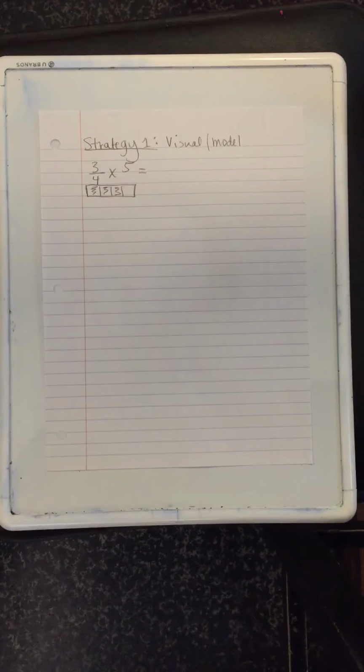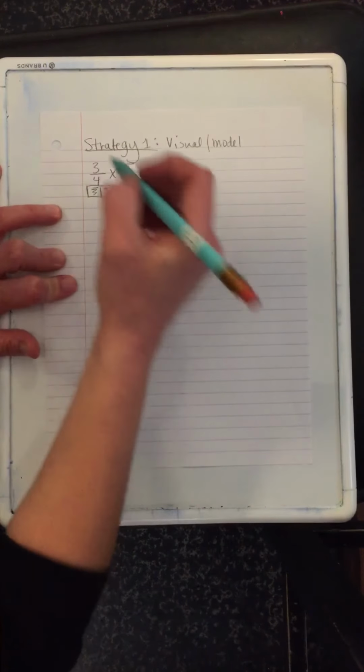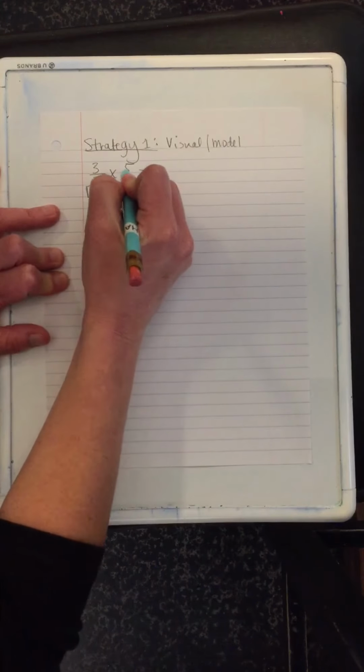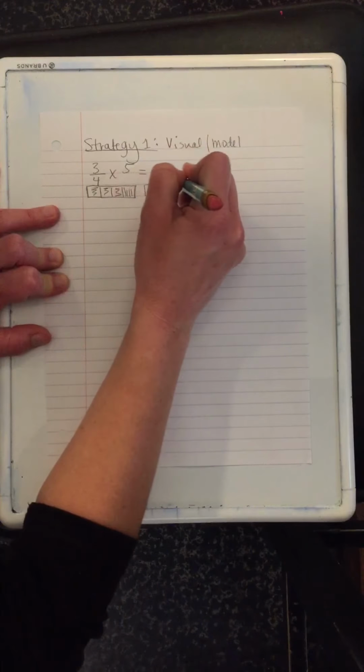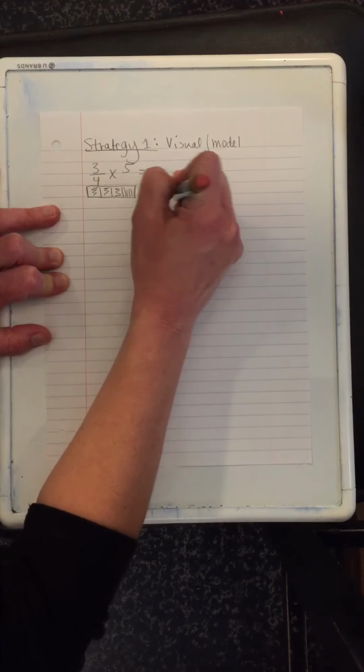When we originally did this, we drew 3/4 5 times, and I'm going to do it a little bit different this time. We're going to actually accumulate these. So we have 3/4 happening 5 times. I'm going to shade in one of the 4ths.